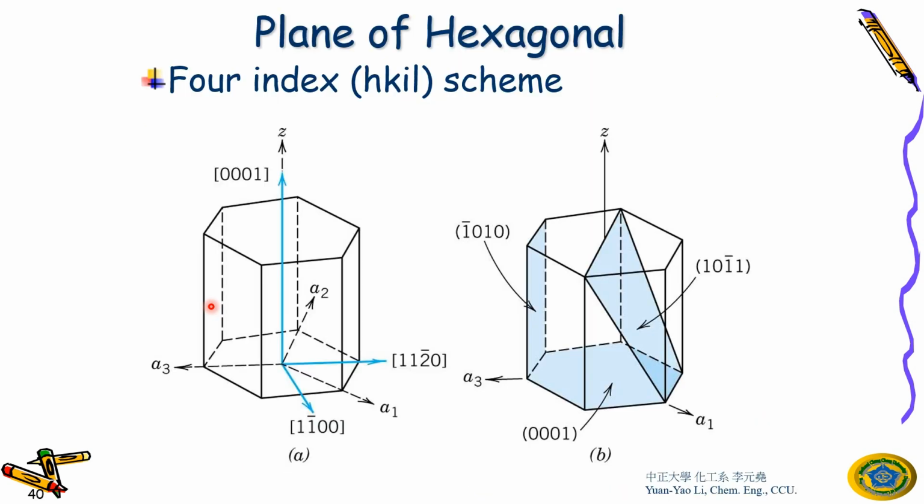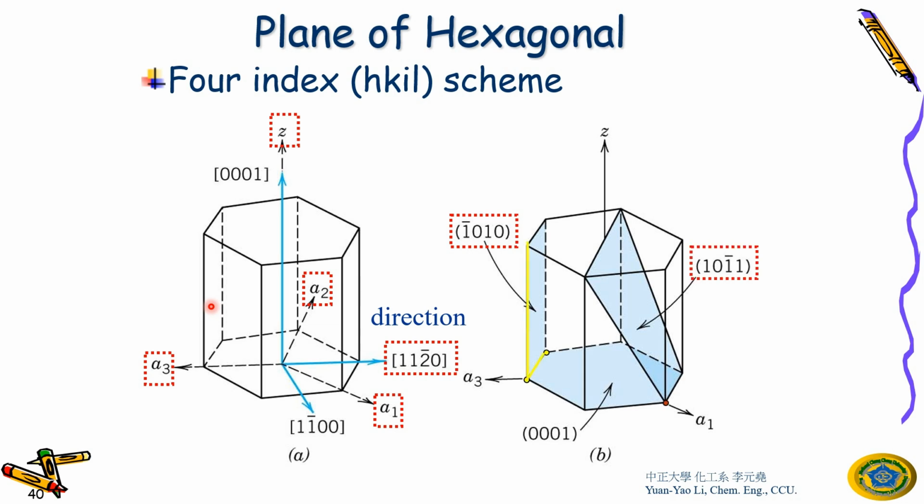How about hexagonal? Hexagonal is the same thing. I just want you to notice this one is A, B, and C, right?